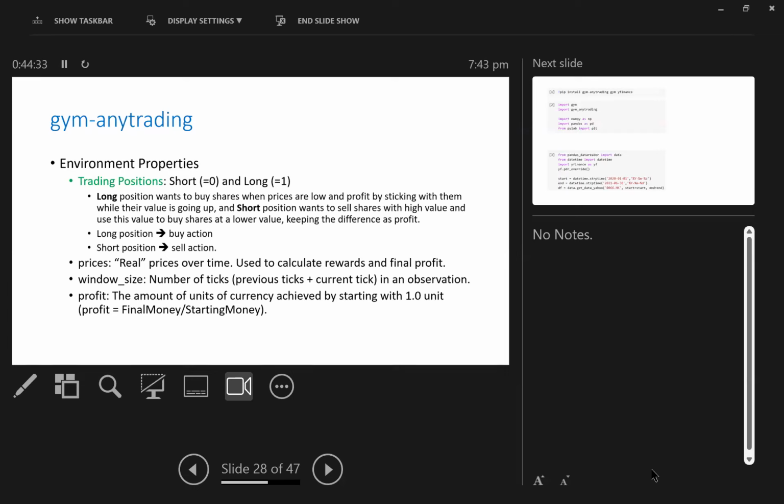Okay. Now the window size needs a little bit of explanation. What we can get from, say, Yahoo Finance is a long series of the price of some stock over a particular trading period. So you know the stock price for every trading day in this period, usually thousands of prices.